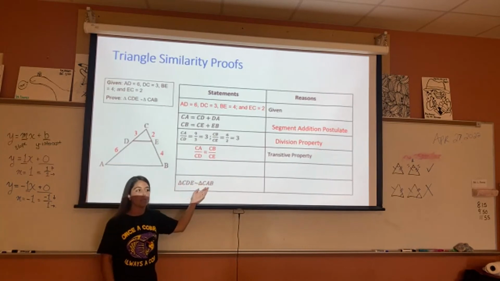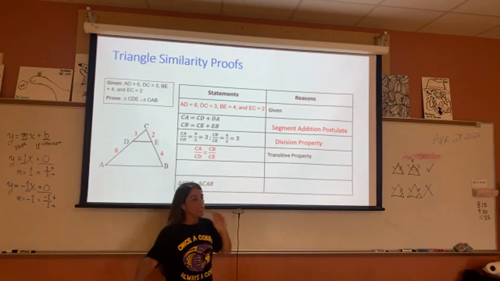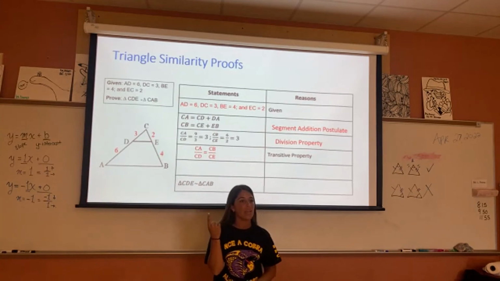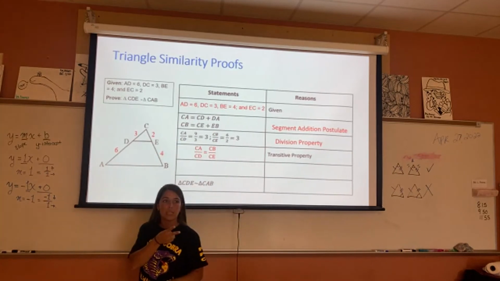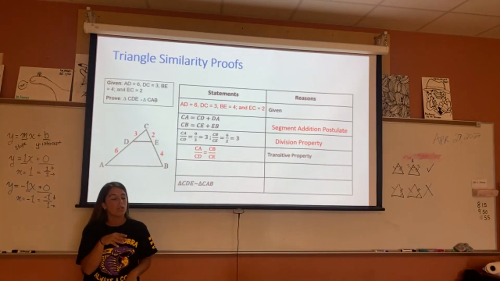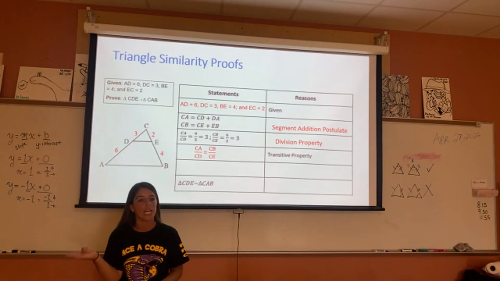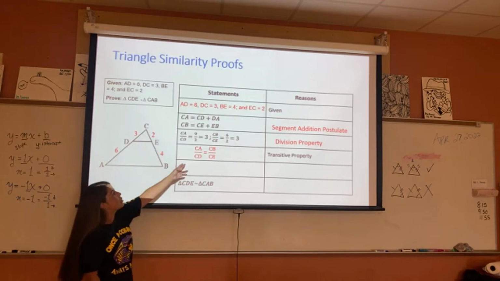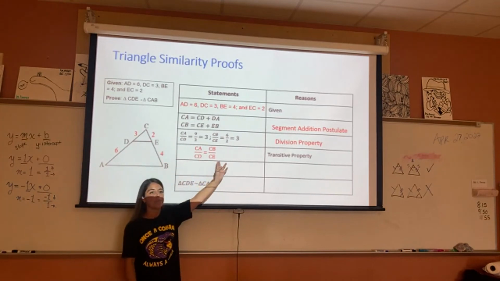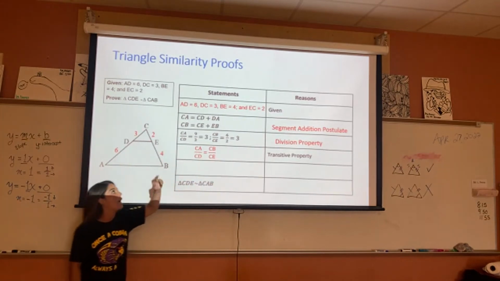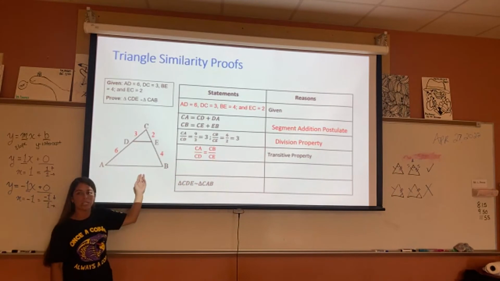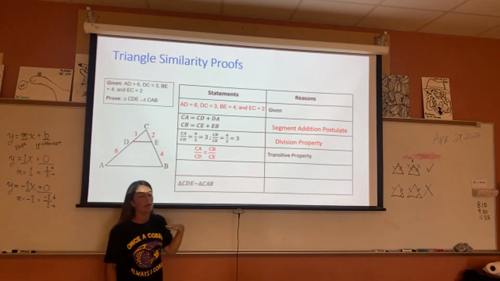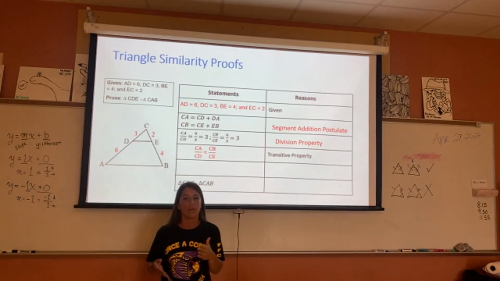The only way to prove triangles are similar is to prove they have two sets of congruent angles, to prove they have three sets of proportional sides, or to prove they have two sets of proportional sides and a set of congruent angles. Here, I have my two sets of proportionate sides. So I either need to prove I have a third set of proportional sides, or I need to prove that I have an included angle that's congruent.